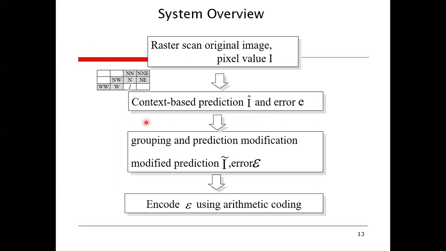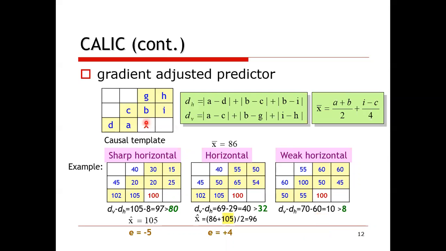Suppose in the previous example, the given pixel x is 100. First calculate I bar and the prediction error E. What is I bar for the given pixel 100? It is 105, by applying the formula.